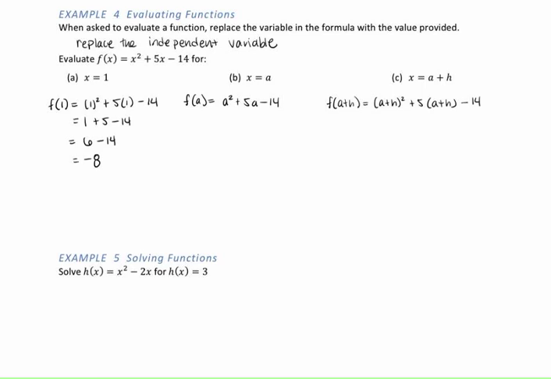And I'm going to skip a step here, but I'm going to write a little note. If this doesn't look familiar, then you should open up a Google window and type in perfect square trinomial.